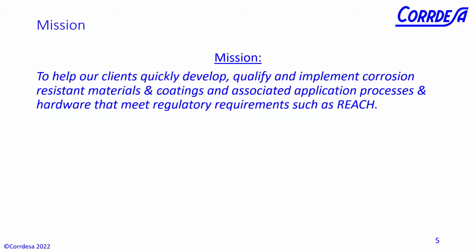As a company, our mission is to help our clients quickly develop, qualify and implement corrosion resistant materials and the coating and application processes. We use simulation tools to speed up this development process. I've often heard, certainly in aerospace, that it can take 10 years plus to introduce a new material.